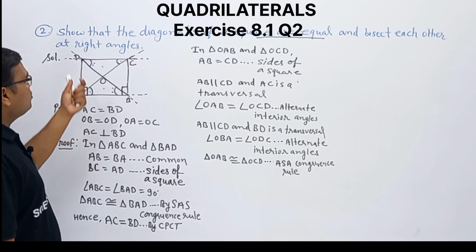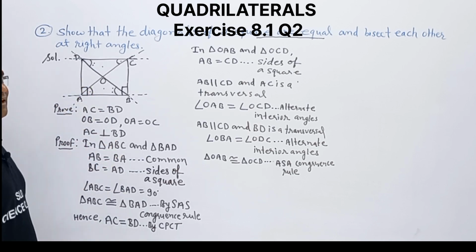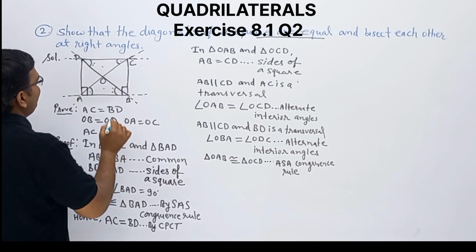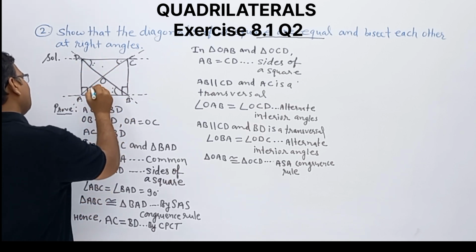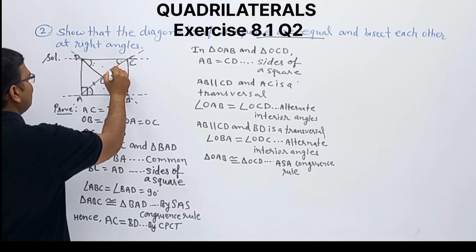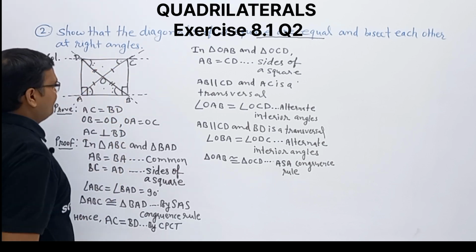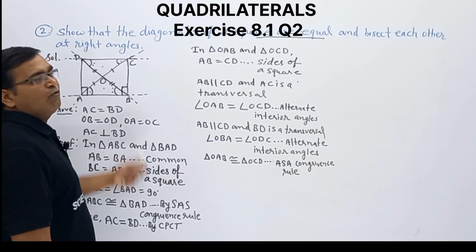Once these two triangles are congruent, corresponding parts will be equal. It means this side will be equal to this one and this side will be equal to this one, and this is what we want to prove.